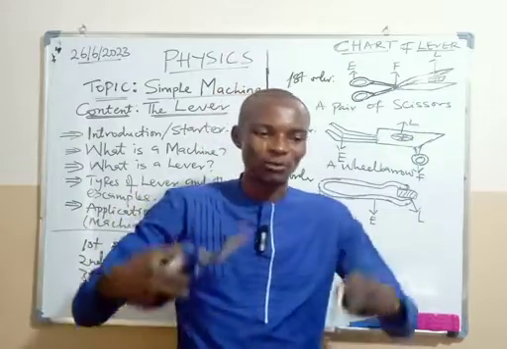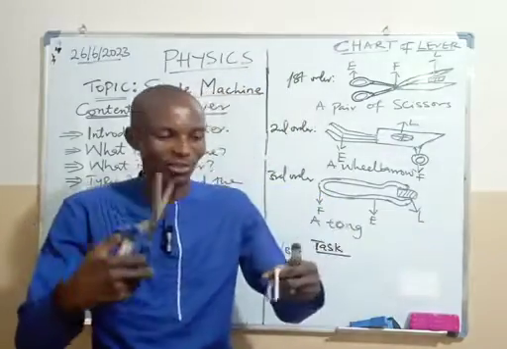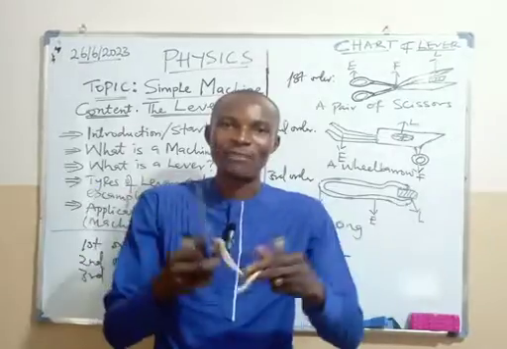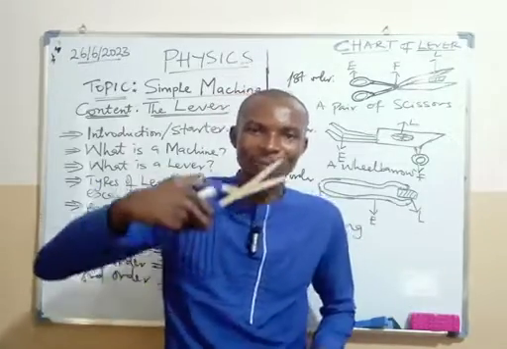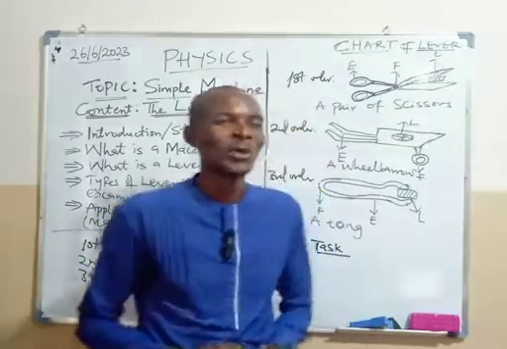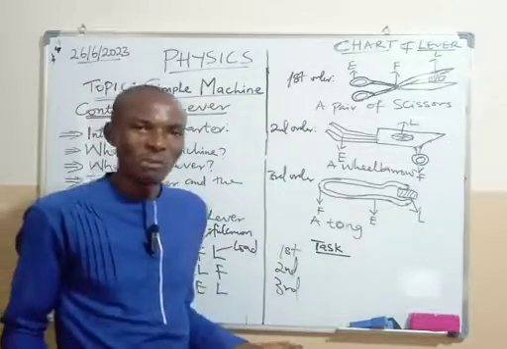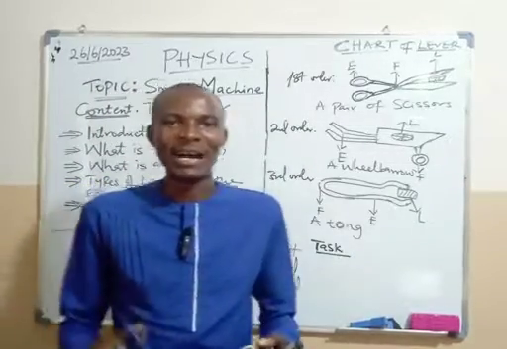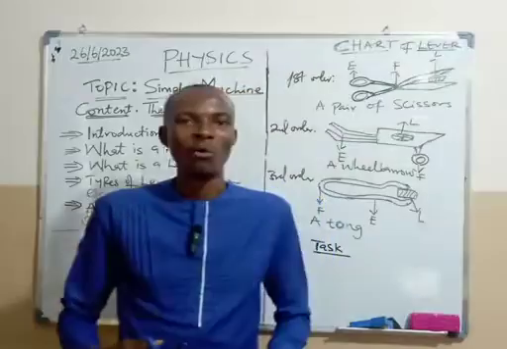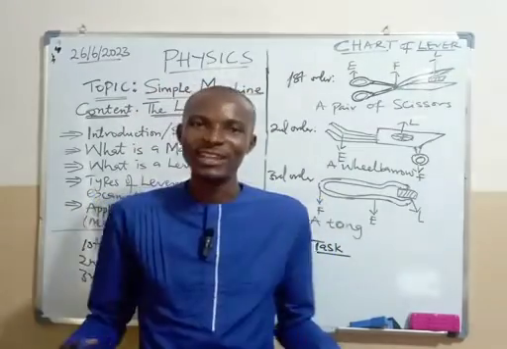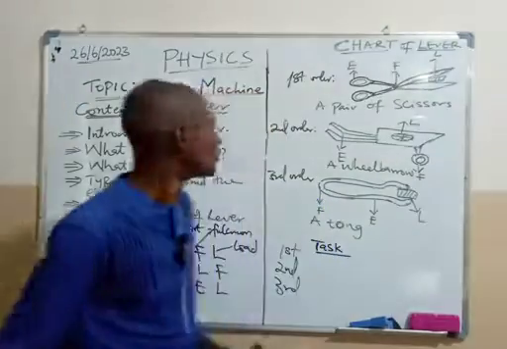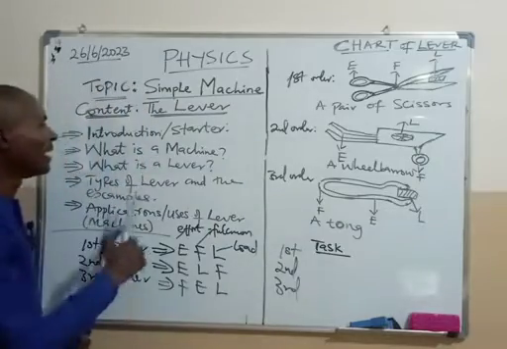Load. Like I have just done, I used this pair of scissors to cut this thread. So I have done work with this machine, having applied force on it. That is a simple machine, which means a simple machine makes our work easier and saves time and energy. Right? Good.